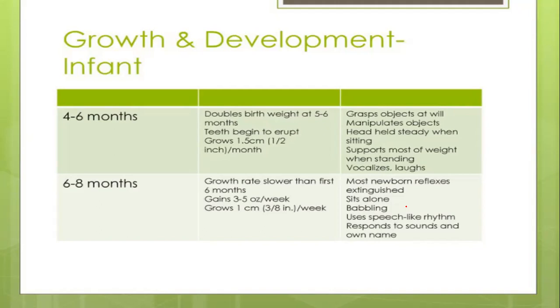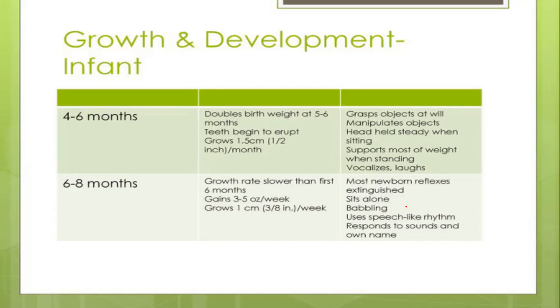When we're talking about from 6 to 8 months, and we were talking about growth, the growth rate is slower than the first 6 months. So they tend to grow slower than in the first 6 months of life, and gain from 3 to 5 ounces per week, which would represent 1 centimeter per week, okay?